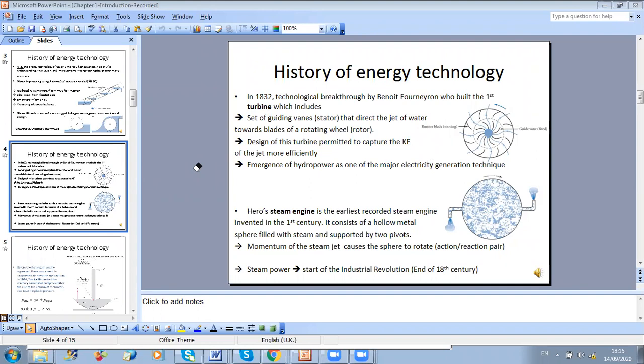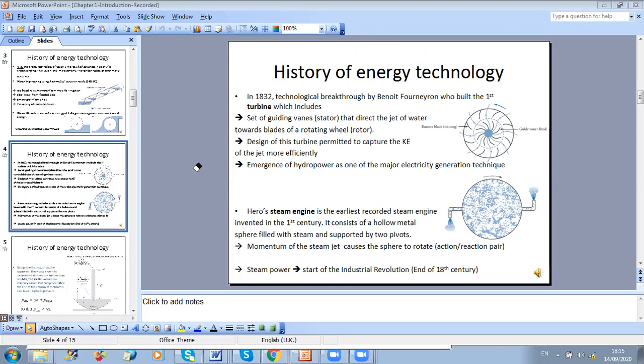Okay, so basically steam engine will transform the thermal energy, because when we talk about steam, we have a very high temperature. Okay, so we have a lot of energy in the form of thermal energy. This thermal energy will be used to be converted into work through the steam engine.